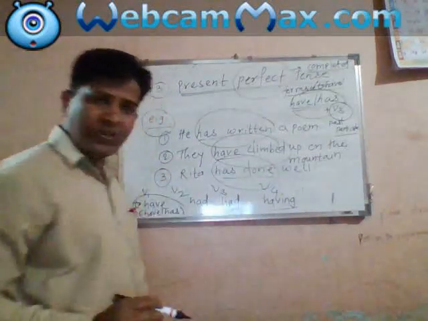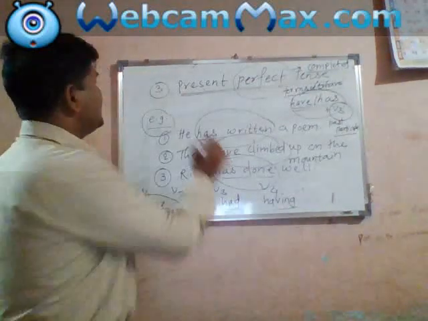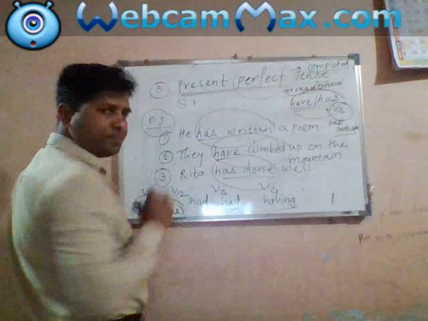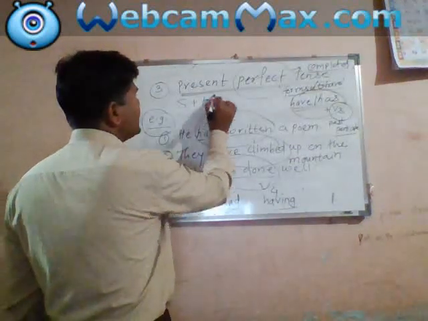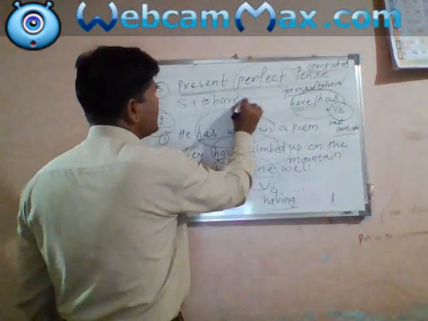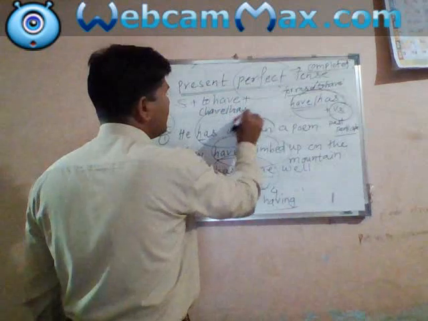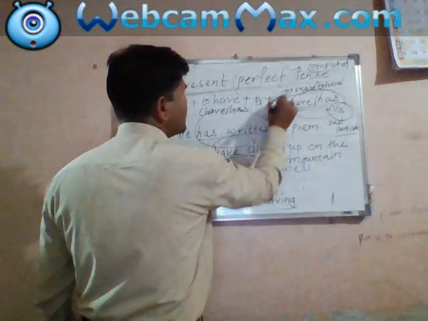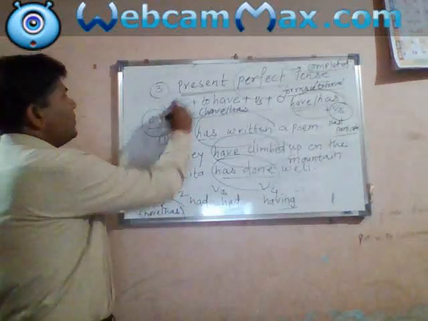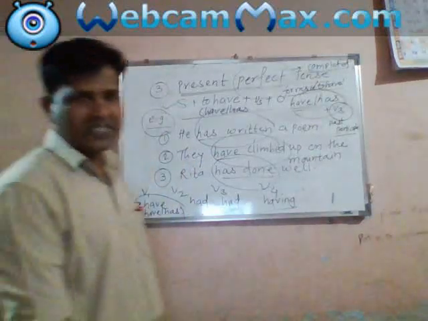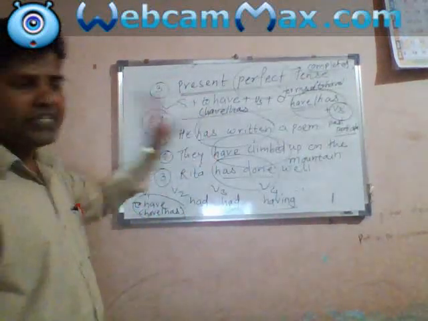I explained to you when we use present perfect tense and the pattern of the present perfect tense: subject plus to have, it means have and has, plus V3 plus object. So it is the pattern of present perfect tense. Okay, now so these are three tenses.